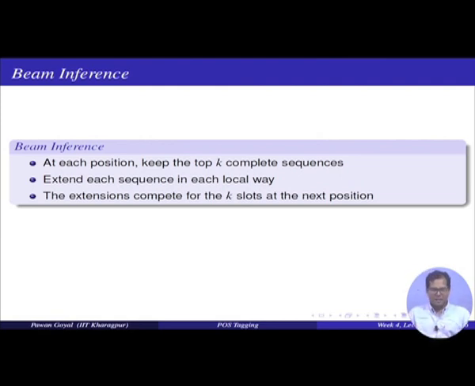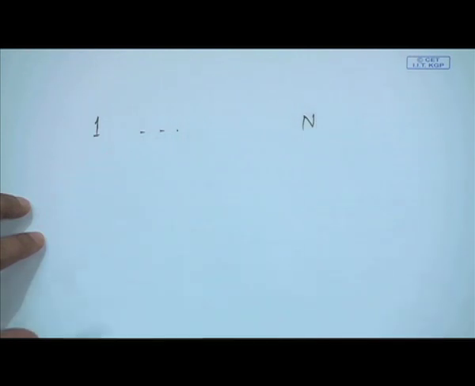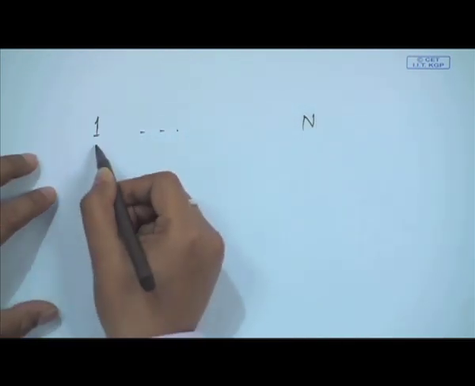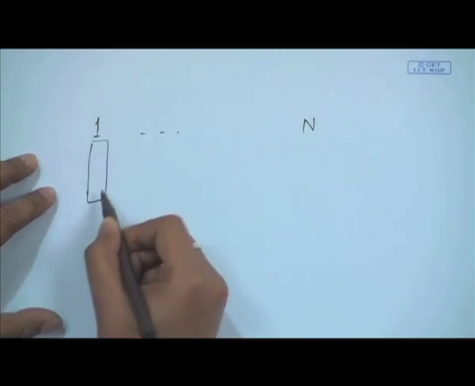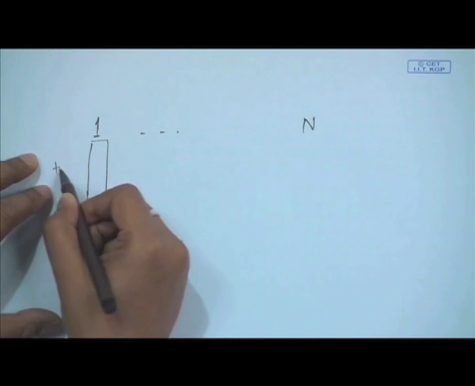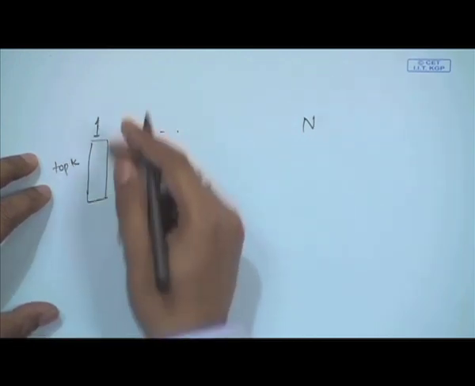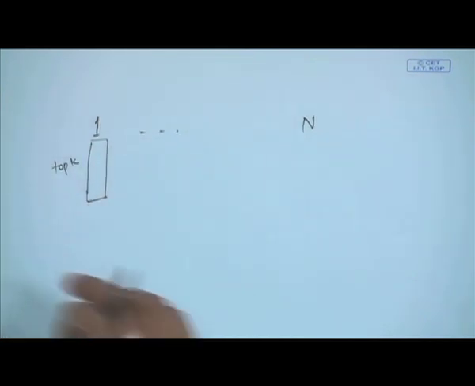Suppose my sentence has n words and my beam size is k. At position 1 I will have only one part of speech tag, so I will keep the top k part of speech tags at this position 1.